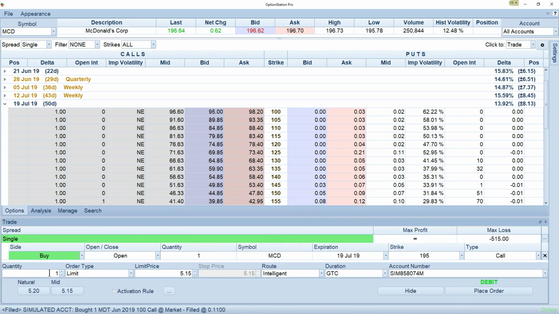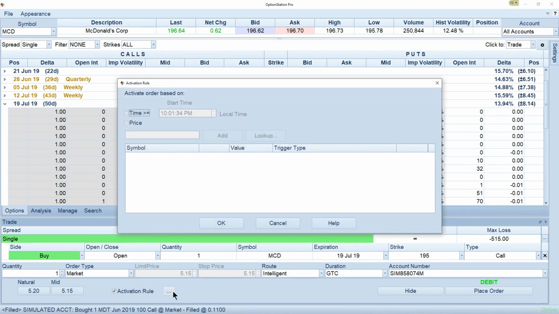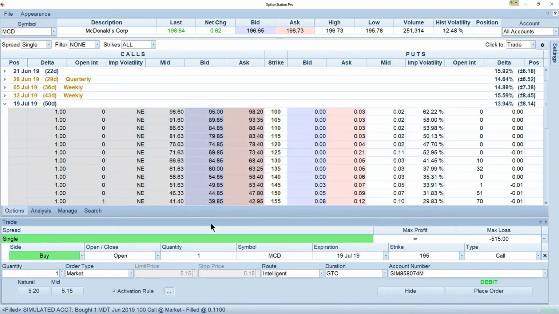I'm going to use market here, and I'm going to say activation rule: if the price of McDonald's is less than or equal to 193, buy the call. That's called an activation rule. Click OK. Now I'm going to place the order.